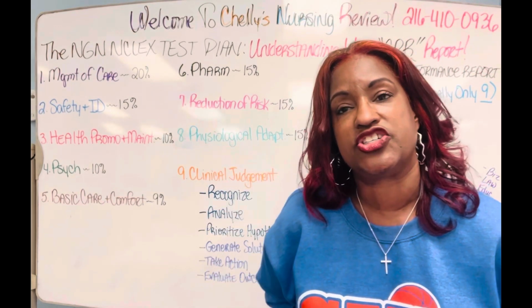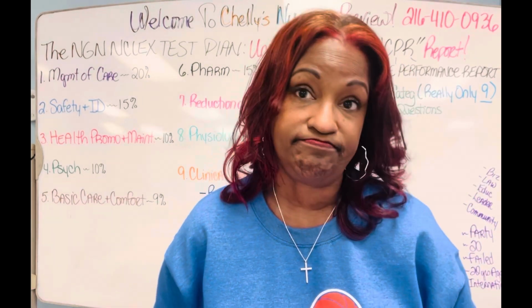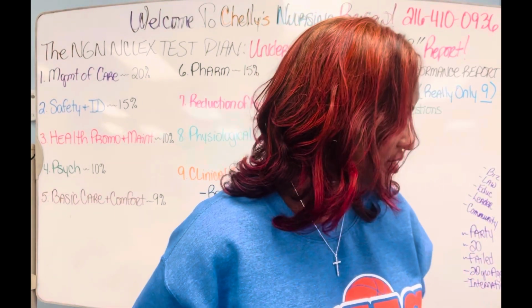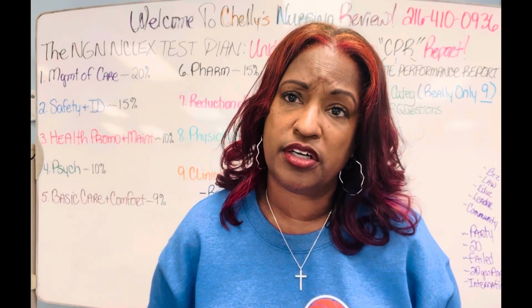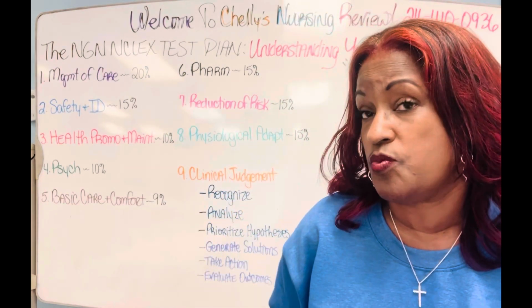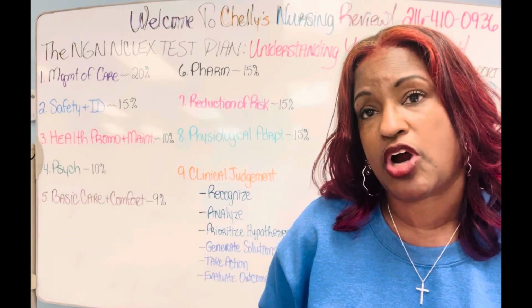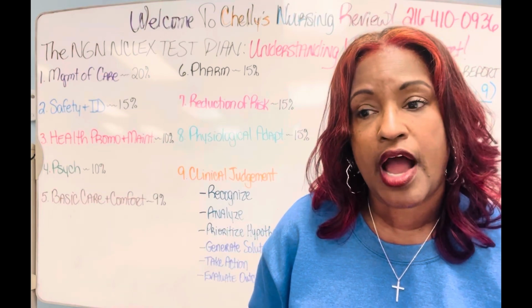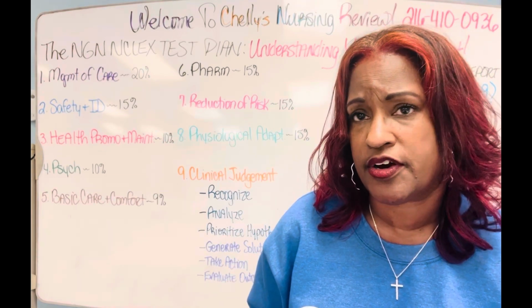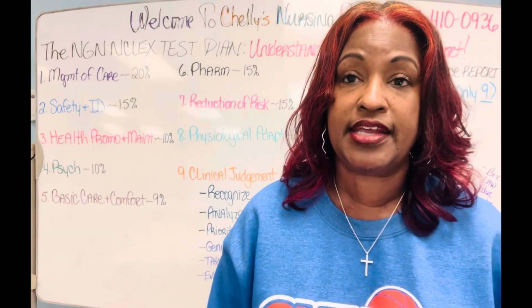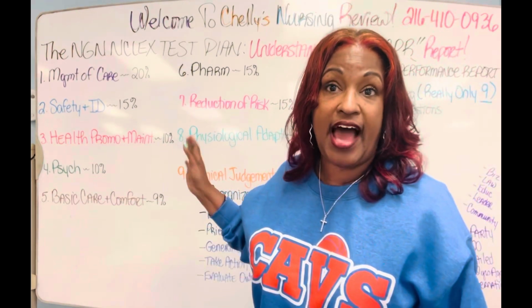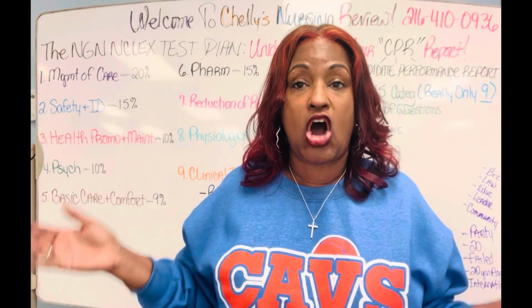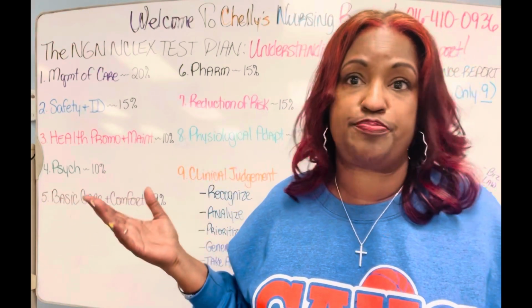Physiologic adaptation is frankly the hardest one of all because it requires a deeper understanding of the disease process. So I like to give examples to provide clarity. So in this one, let's give you a basic physiology question. What causes cirrhosis in most patients?